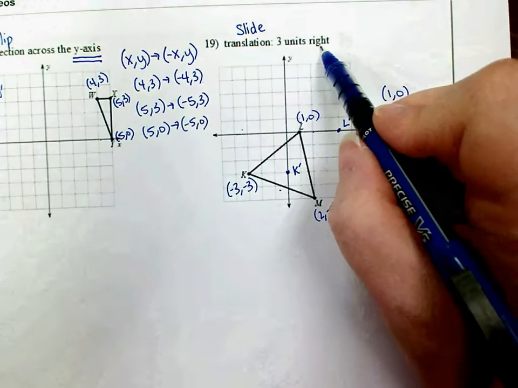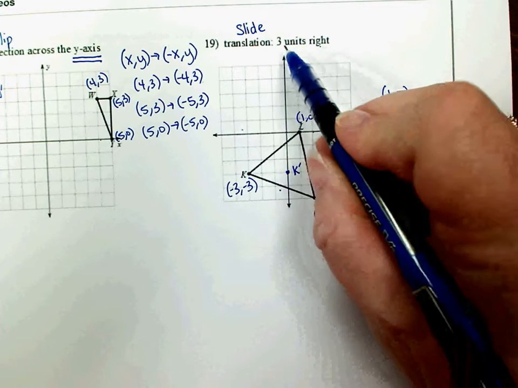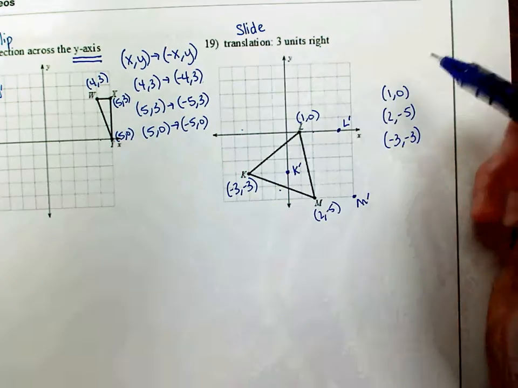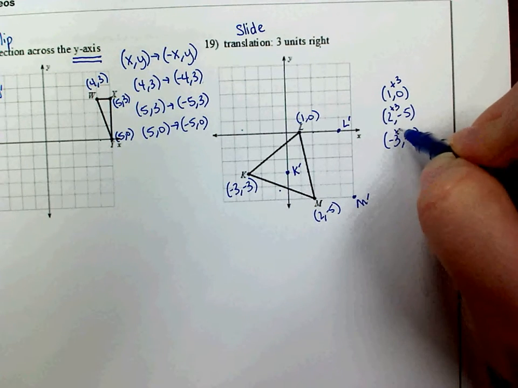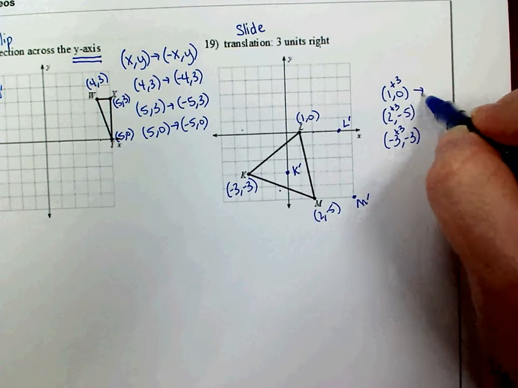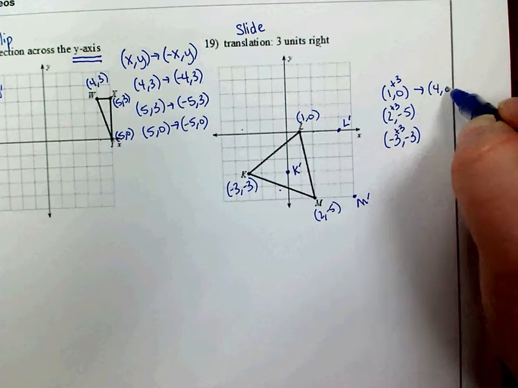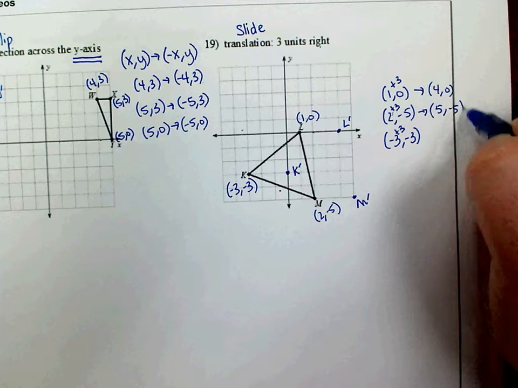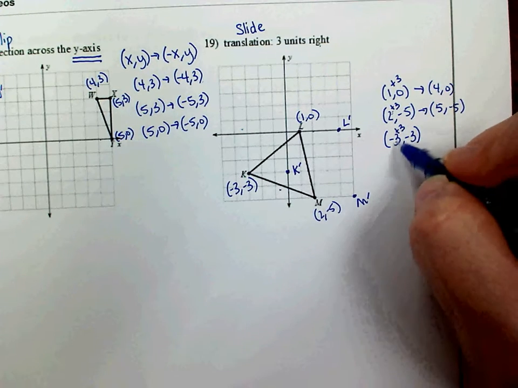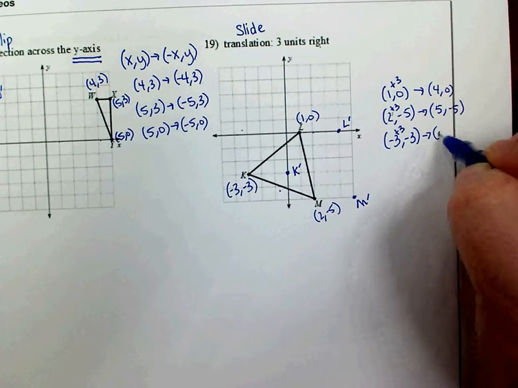Remember, right affects the x coordinate, and since we're going 3 to the right, we're adding 3 to the x's only. So this point goes to (4, 0). This would go to (5, -5). The y is not changing. This would go to -3 plus 3 is 0, so (0, -3).